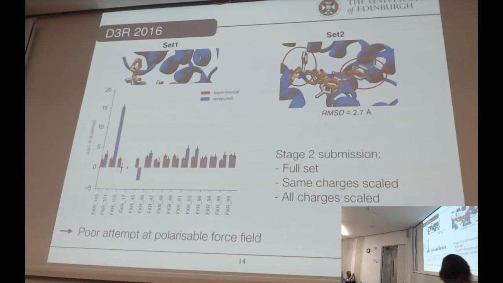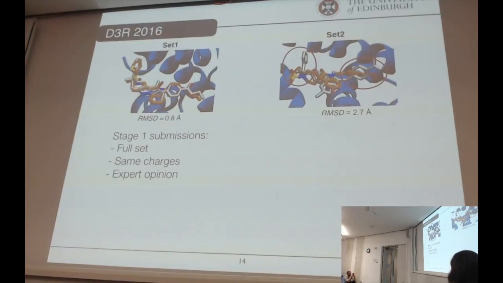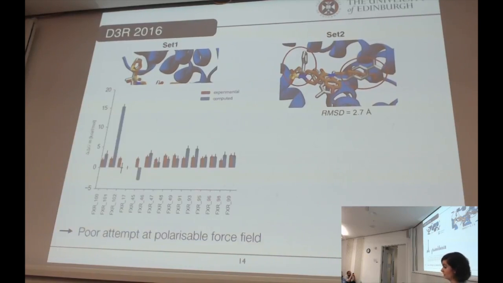So stage 2 submission was after the release of the crystal structures, which meant for set 1, our binding pose was fine, so there was not much improvement. But for set 2, we actually didn't predict the pose well, so the RMSD was 2.7 angstrom.